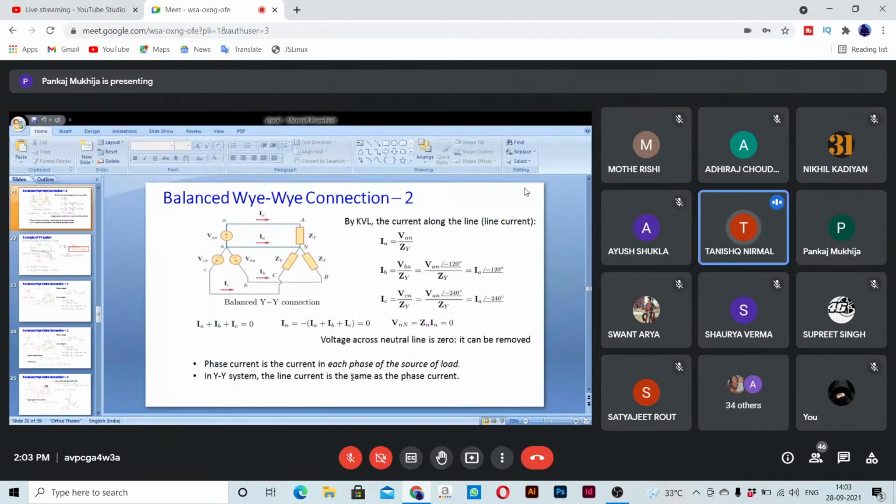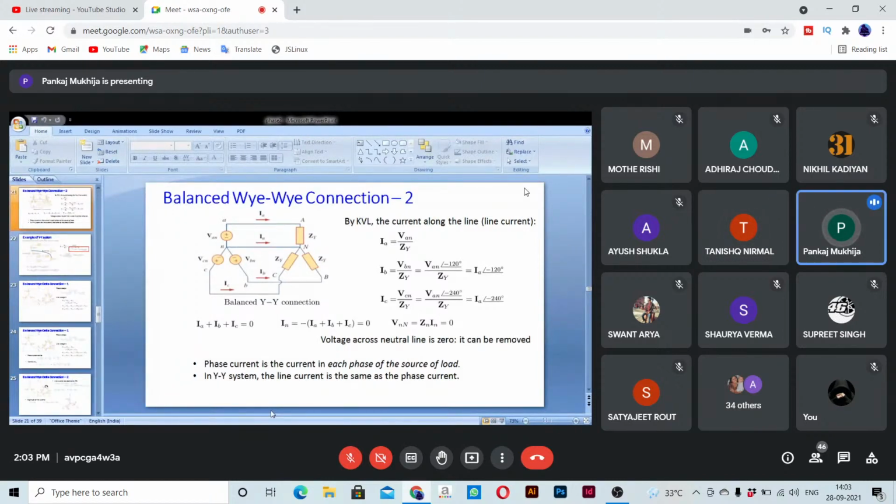Sir, in the last semester, sir told that in star connection, the phase current and the line current are equal. In star connection? Yeah, sir. Okay, so that's why in balanced YY connection the phase current and line current are equal. Yes, okay.